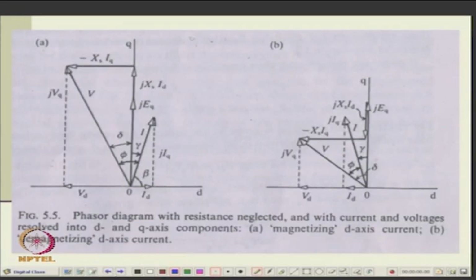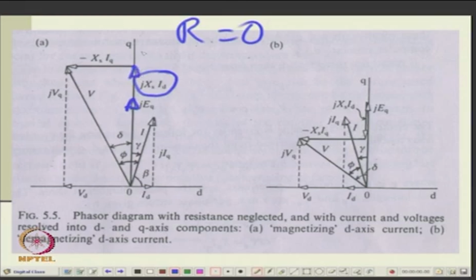Now, if you neglect resistance, let us say R is 0. Okay, so it will be j VQ plus j XS ID. Okay, what will be this? This will be VQ and this will be VD. Okay.